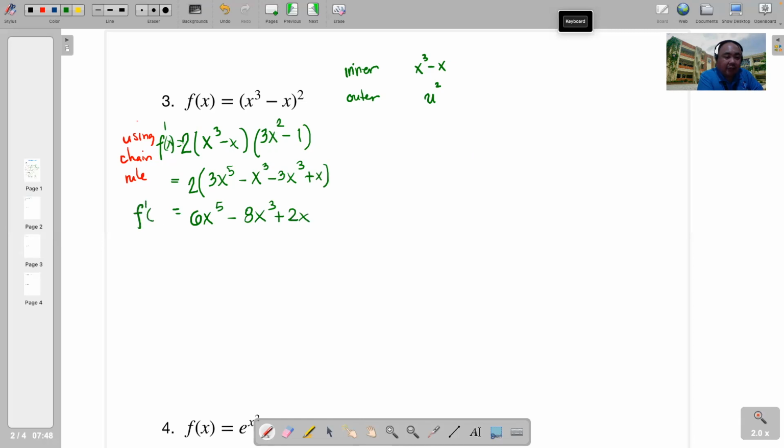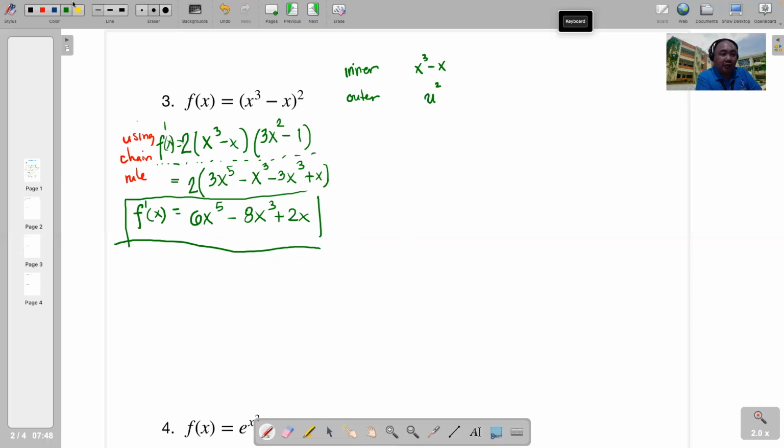So there you have it, using the chain rule. Again, of course, the calculus stops here, and everything that follows is just algebra. You've already done the chain rule on this part, and everything else is just plain algebra.